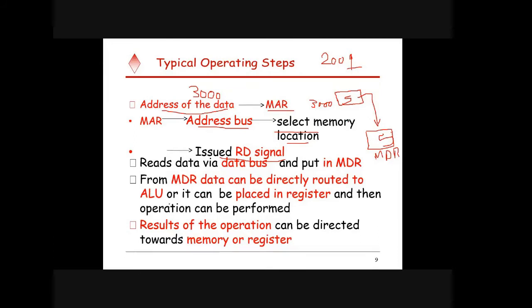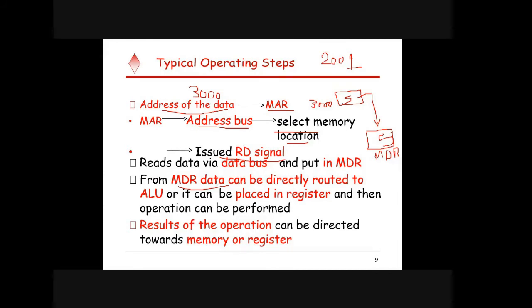Then, in a few processors, the ALU can take data directly from MDR. But in some processors, the data should always be available in the general purpose registers. In such cases, from MDR the data will be placed into one of the general purpose registers.